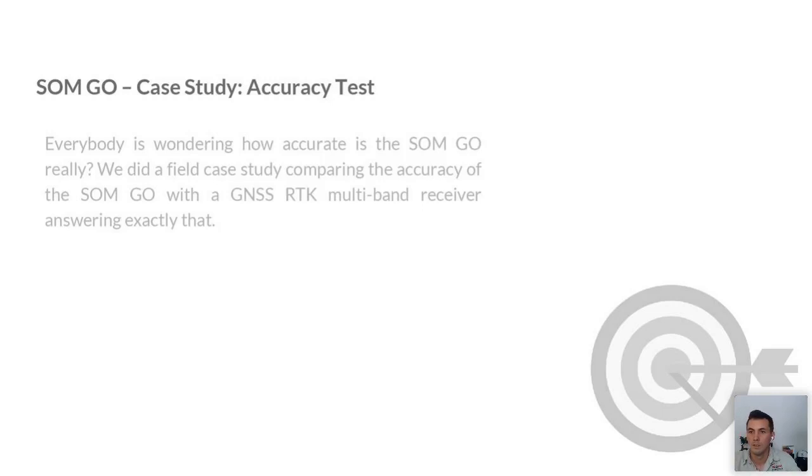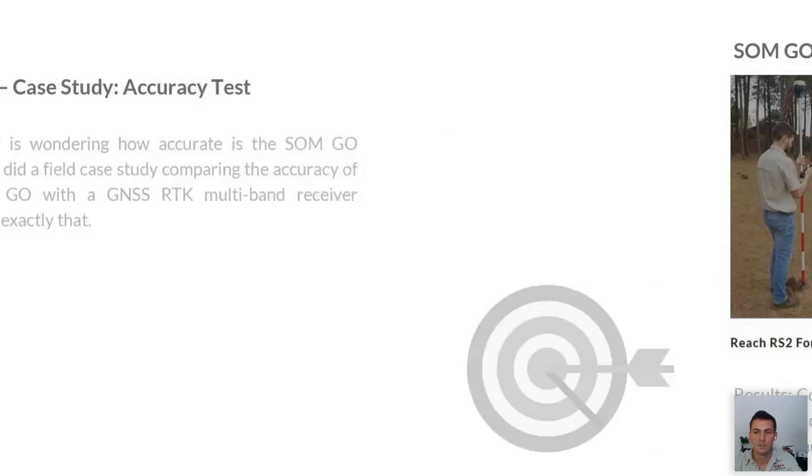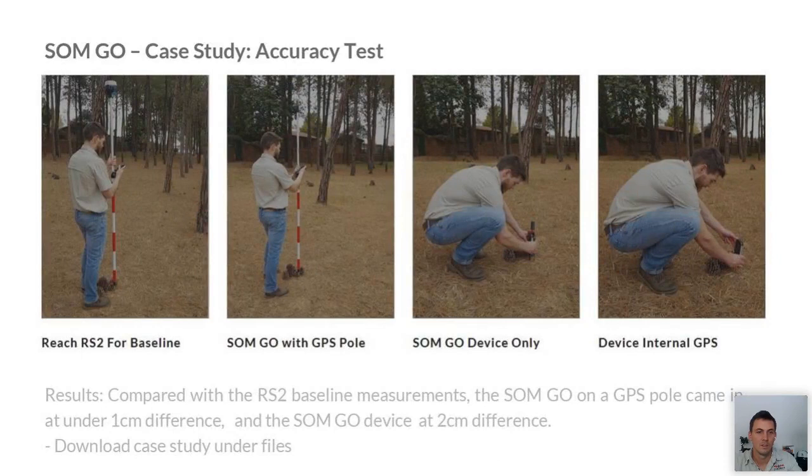The first test was to compare the SOM-Go's accuracy to a reputable multi-band RTK GNSS receiver. We did 4 measurement sets in total. In the case study, we walk you through each one, comparing the data to the first set of positions captured, being the baseline. For the webinar, let's jump to the results.